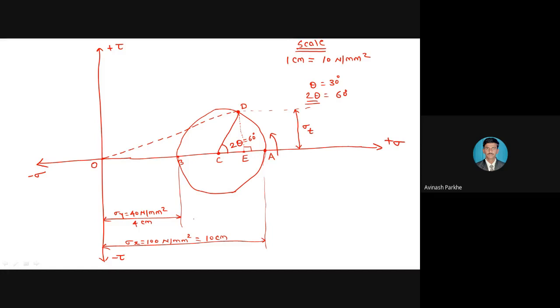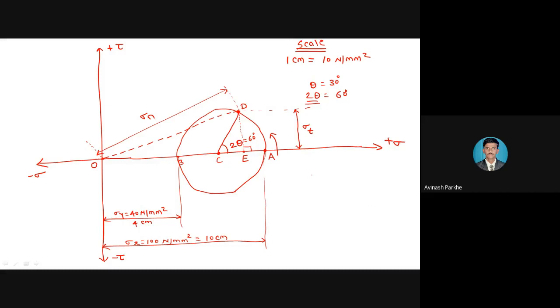ED or DE. This is called as sigma T. Similarly, whatever the OD distance we have joined just now by the dotted lines, that OD distance represents the sigma N.